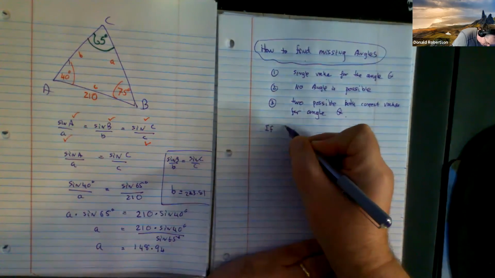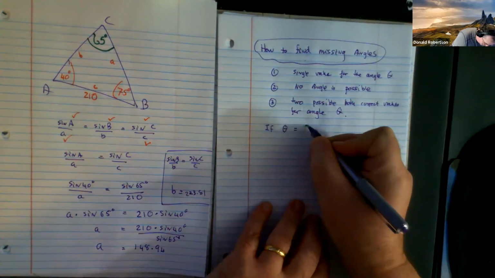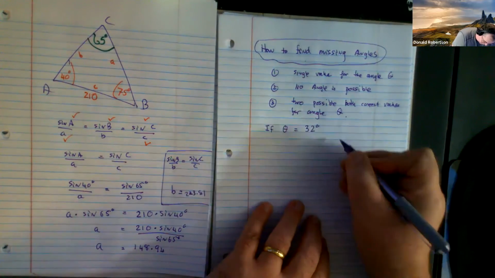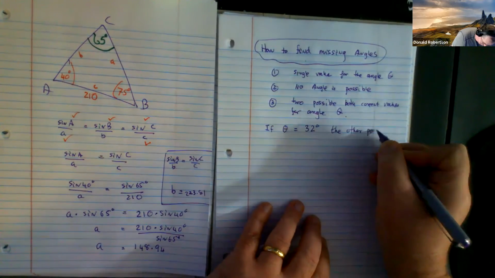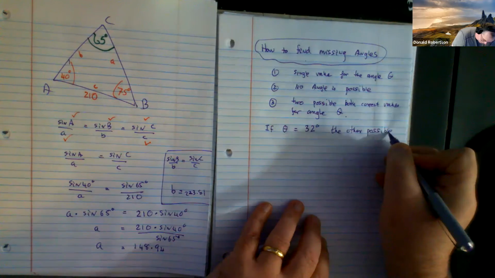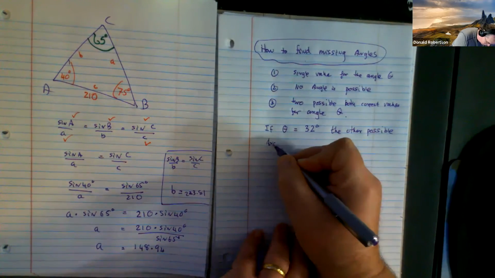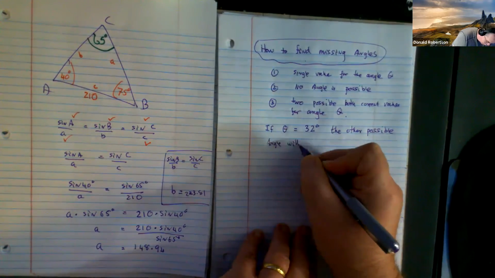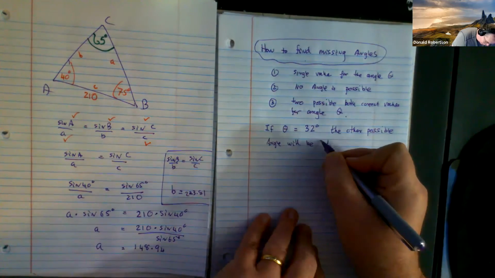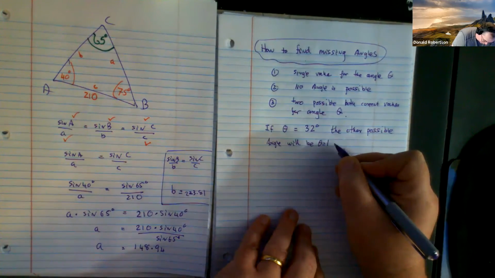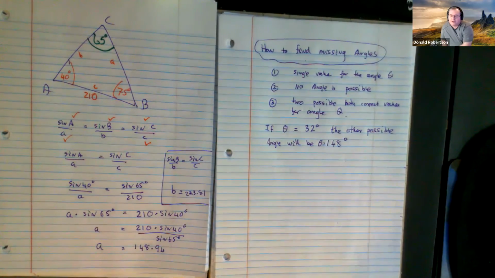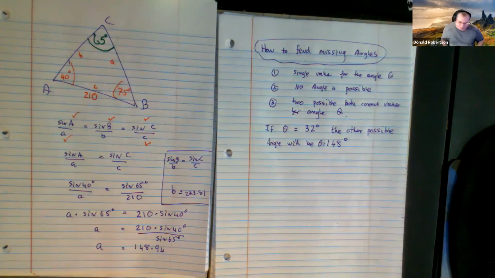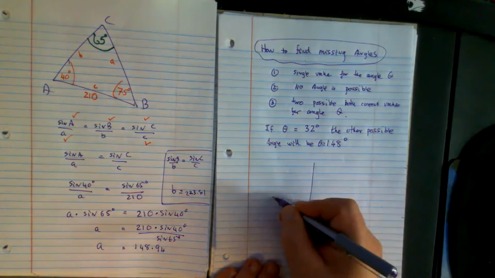If you find an angle theta of any size, let's say it's 32 degrees, the other possible angle, because sometimes there's two, will be 148 degrees. Where the heck is that one coming from? 180 minus 32.